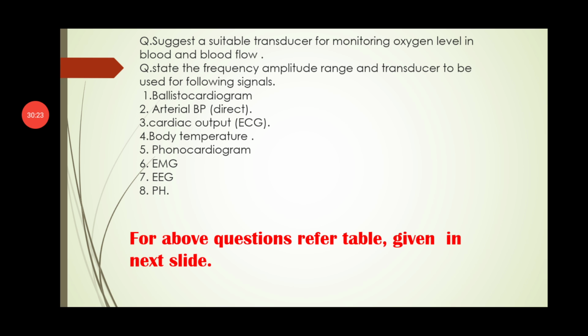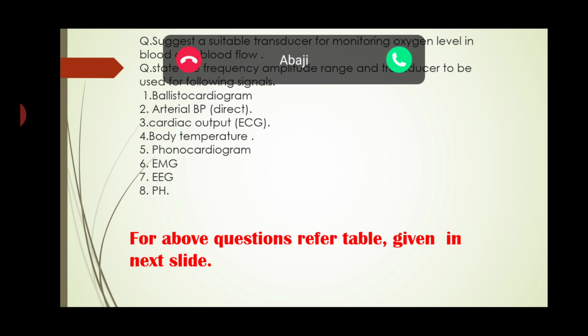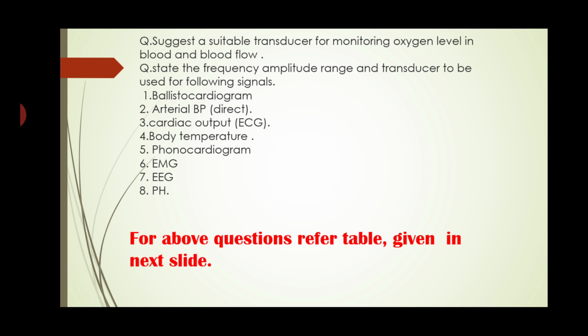For this question, that is, suggest a suitable transducer to monitor oxygen level in blood or blood flow, otherwise, state the frequency, amplitude range and transducer to be used for the following signals. For all these questions we should use the next table.